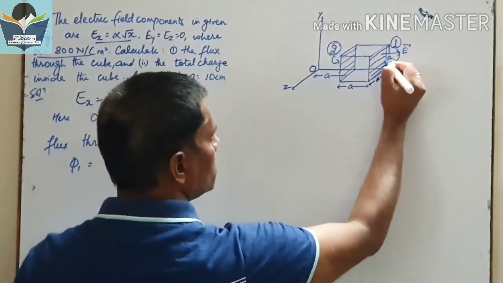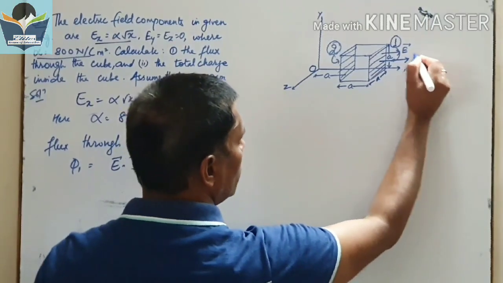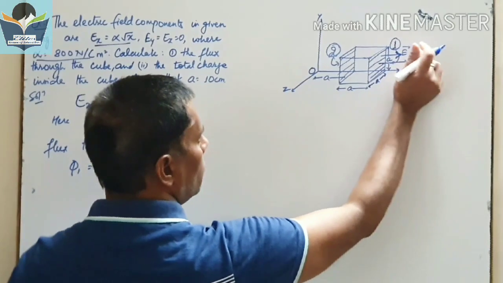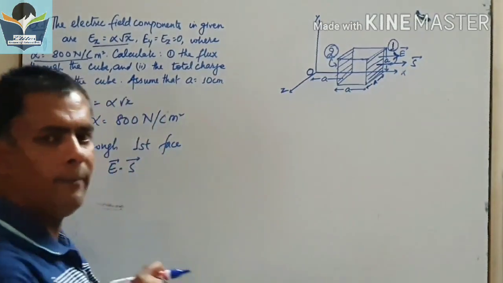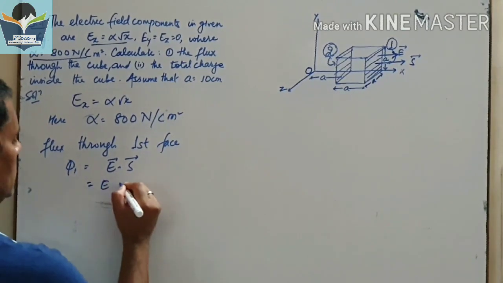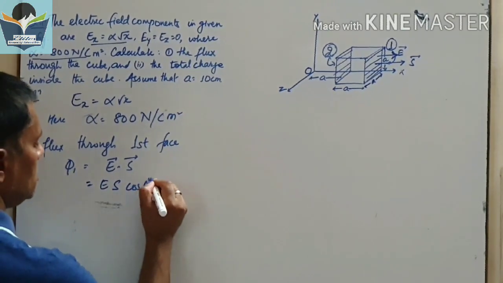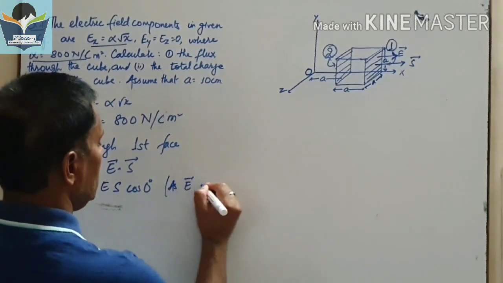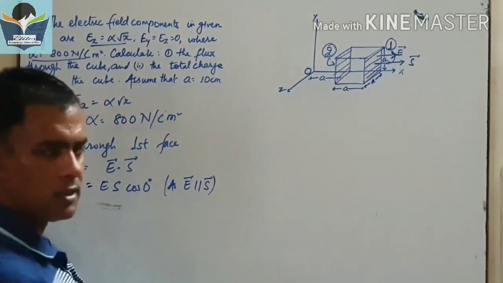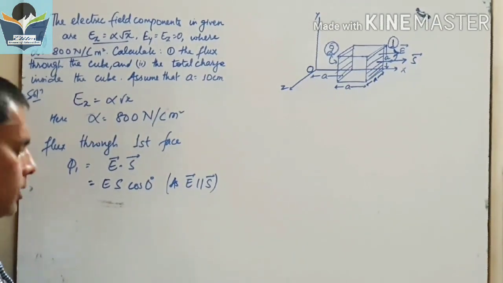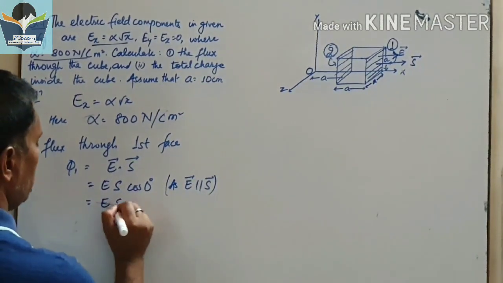So if this is the surface, the area vector will be normally outward. Already the field is outward, so both are parallel to each other, and so this becomes ES cos 0, as vector E is parallel to vector S. Now cos 0 is 1, so this only remains E into S.